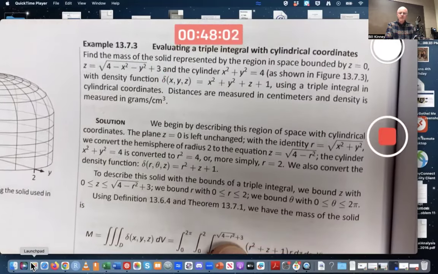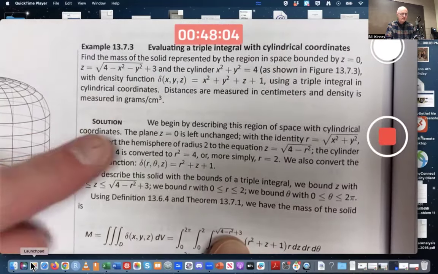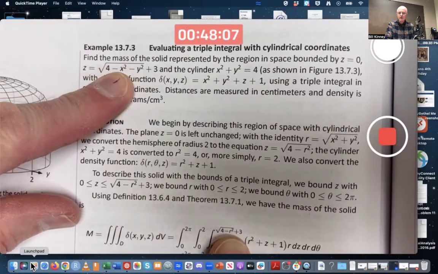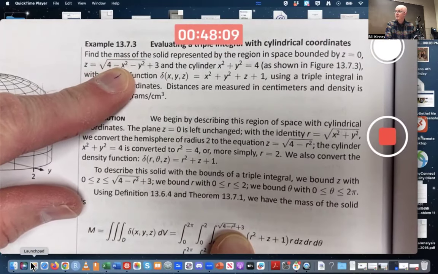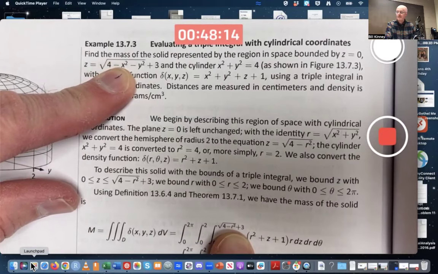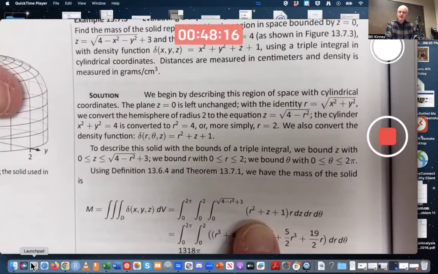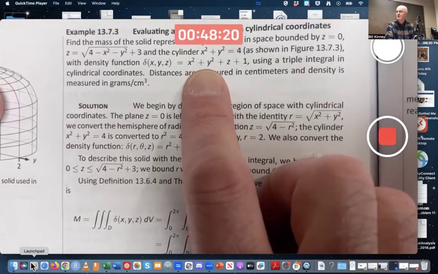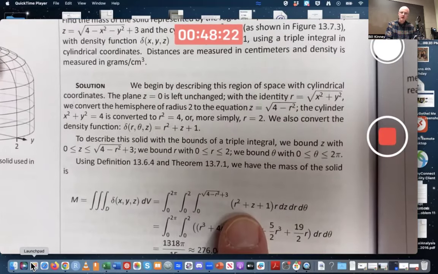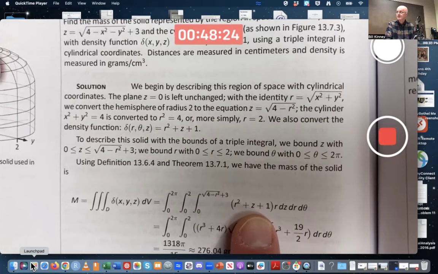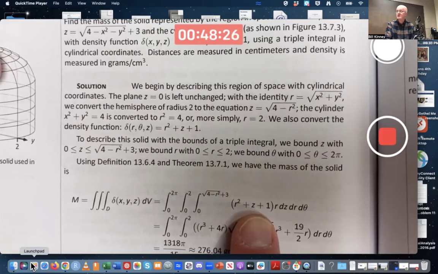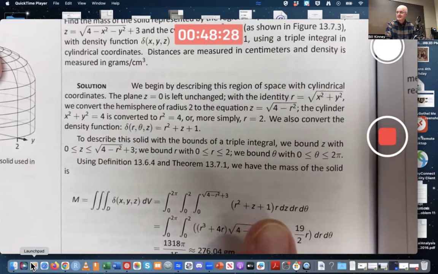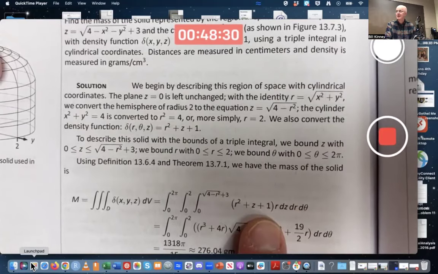Where does that come from? That comes from replacing, in this equation, x squared plus y squared with r squared. Then integrate the density function. You also notice in this density function, x squared plus y squared gets replaced with r squared. So you get an r squared there, but z is still in there. x squared plus y squared gets replaced with r squared, but the z stays as is for cylindrical.